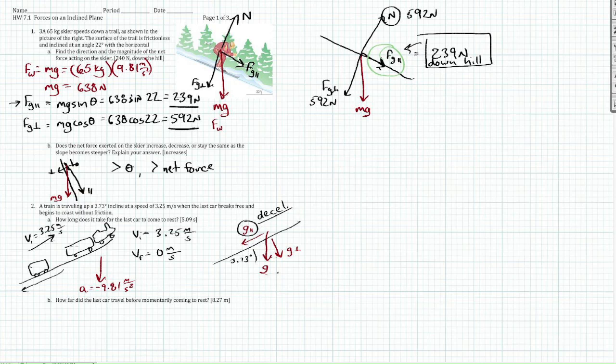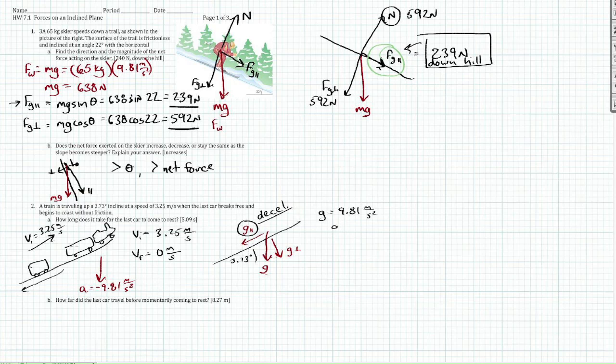Well, what is our parallel G, or our parallel acceleration? Well, let's write down what our G is, and we all know that G is 9.81 meters per second squared. Well, just like we find the parallel weight force and the perpendicular weight force, we can do this with g.